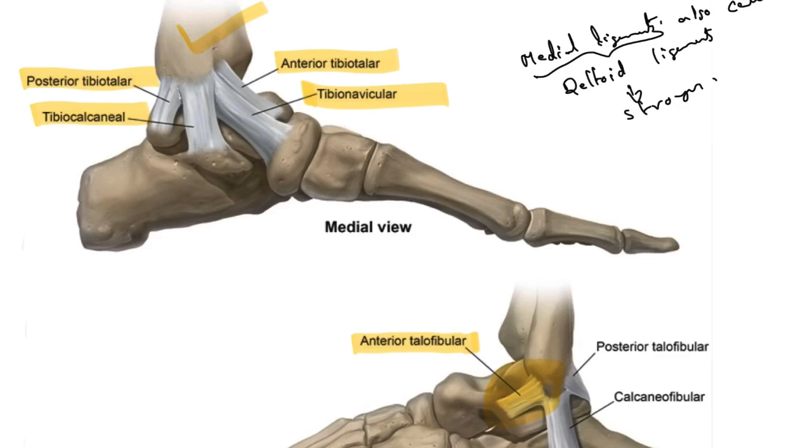So if any patient has an ankle sprain, we have to suspect that ligament is involved, that is AITFL, the anterior inferior tibiofibular ligament. Management ranges from PRICE treatment, protect, rest, ice, compression, elevation, to immobilization depending on severity.